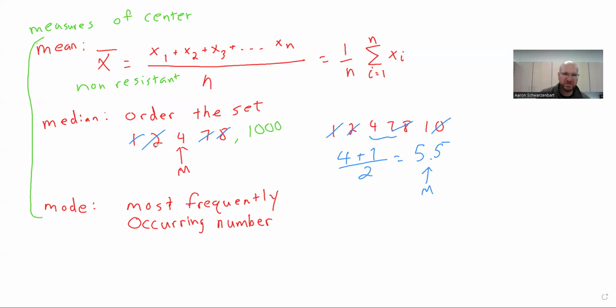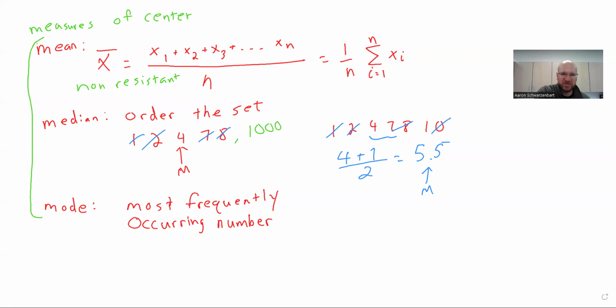The mean was 15, 18, 22 divided by 5, 4.5. Now I've got 1,022 divided by 6, 170. That drastically changes the mean.